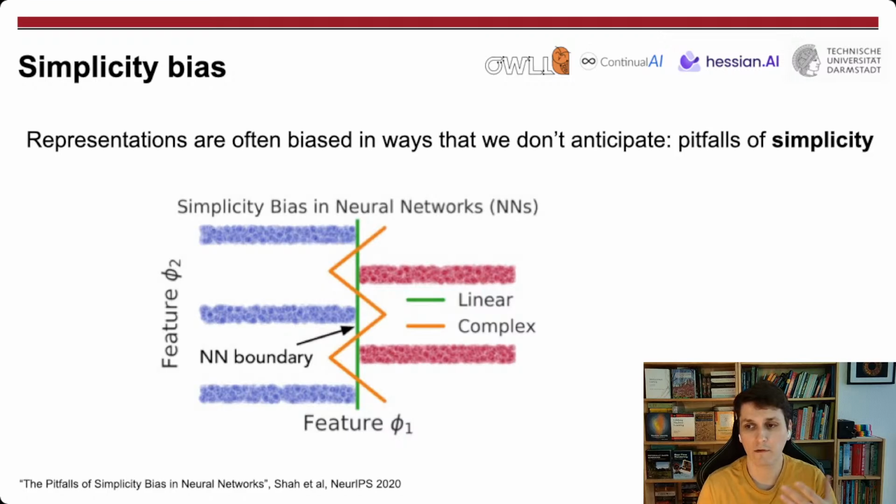The much more meaningful way to arrive at the decision would actually be to craft a decision boundary that looks like the orange one, which is more complex, but it actually uses the entire information that is available to arrive at a good prediction.